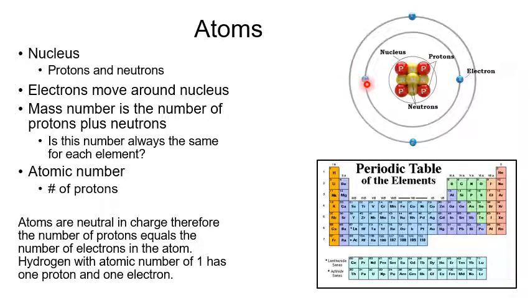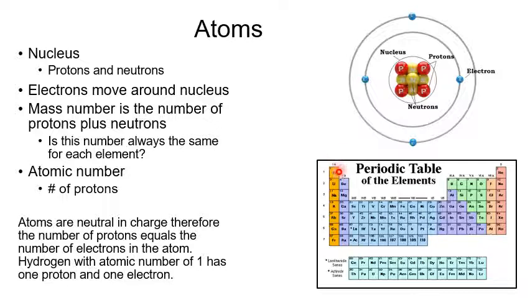So we have a positive nucleus made up of protons and neutrons, and these outer clouds or shells holding negative electrons floating around it.